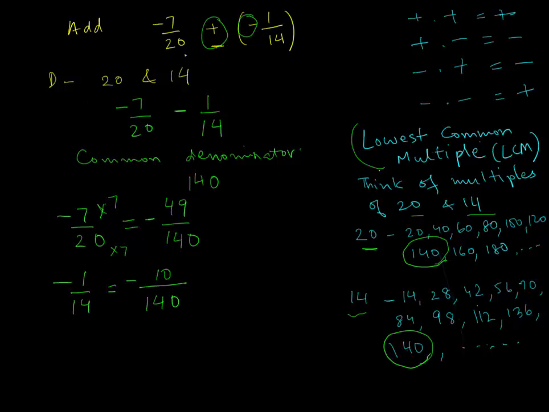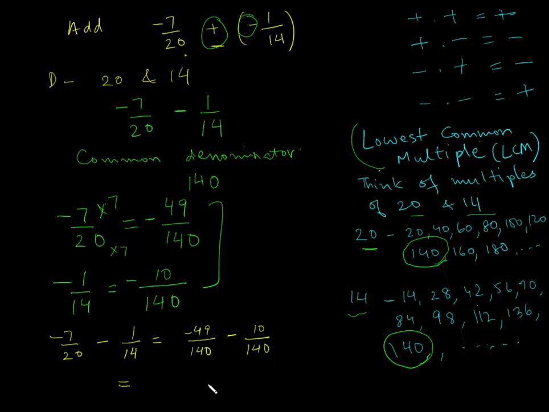And once you have established this information, all you have to do is add these numbers. So let me just rewrite the question one more time. Negative 7 over 20 minus 1 over 14 is equal to negative 49 over 140 minus 10 over 140.